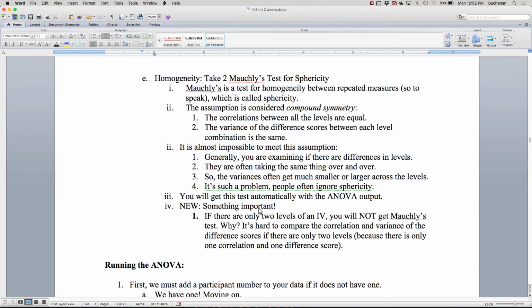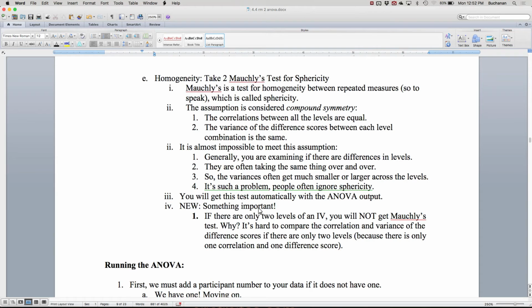So it's kind of hard to compare correlations and variances to one thing. So you won't see Mauchly's today because we have a 2 by 2. So you have to have at least 3 levels before you'll get Mauchly's. So for my homogeneity Mauchly's problem, nah, whatever. Moving on. I have a lot of people, it'll be fine.